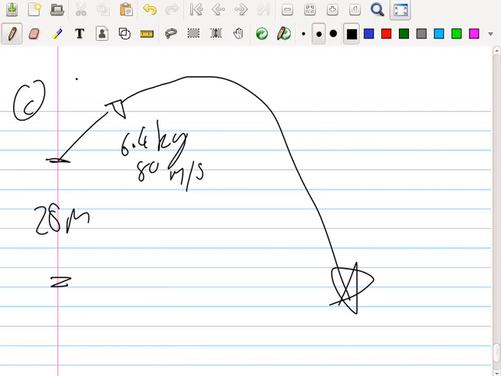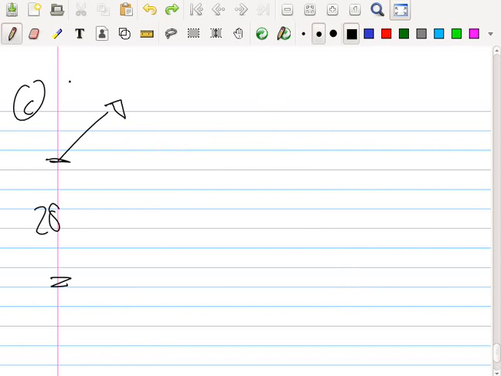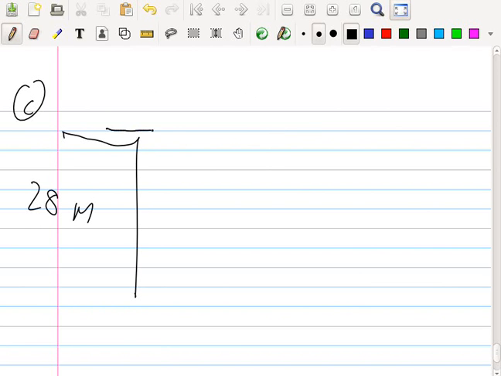Oh, sorry, I drew this wrong. It's fired horizontally, which means it just shoots straight out, like a car driving off a cliff. So here's your building. It's 28 meters high, and the cannon goes straight out like that.